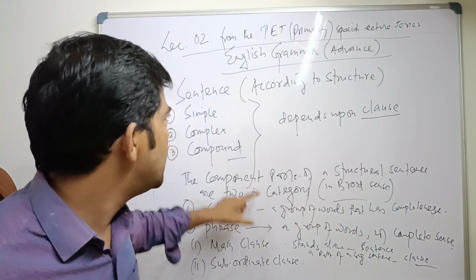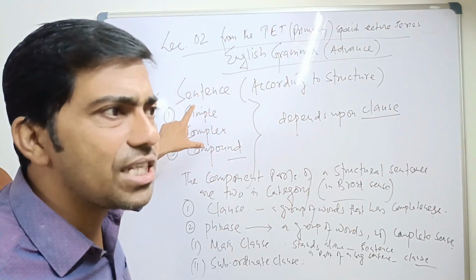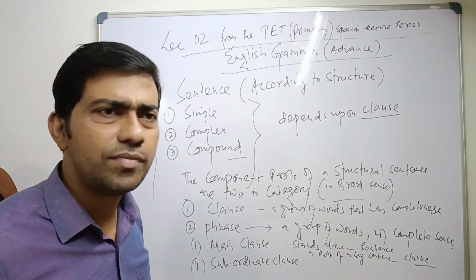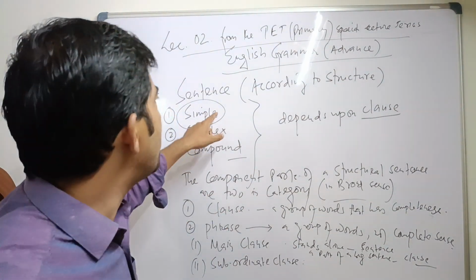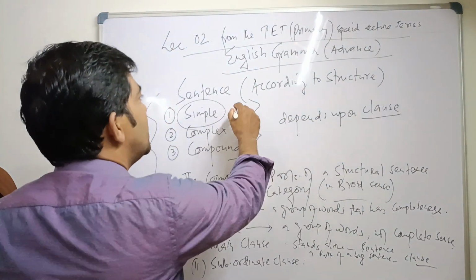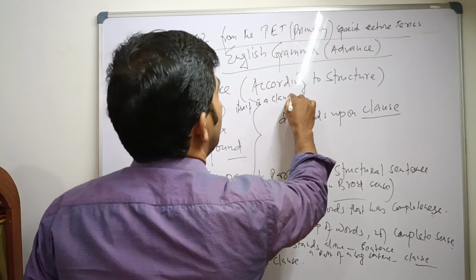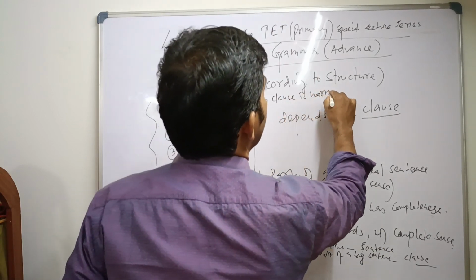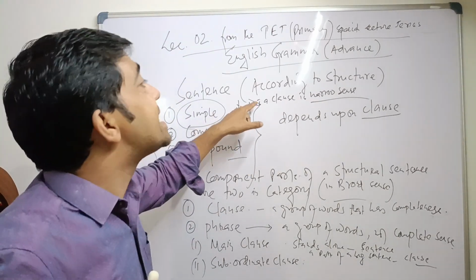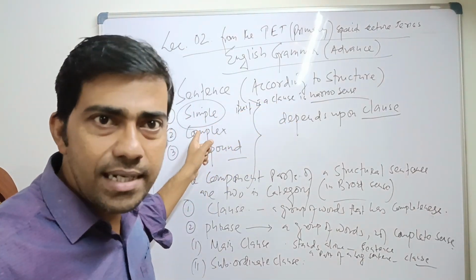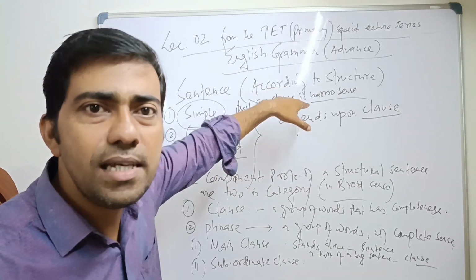Without subordinate clauses, they are non-existent, barring simple sentence, because simple sentence itself is a clause in a narrow sense. Because if it stands alone, it is a sentence. If it stands as a part of a big sentence, it is a clause.